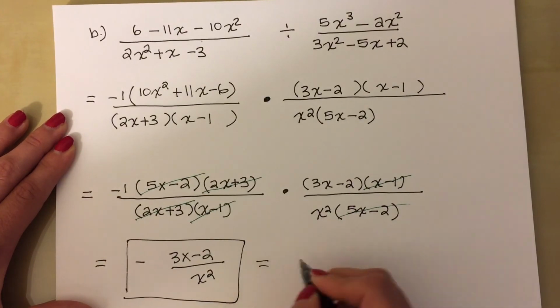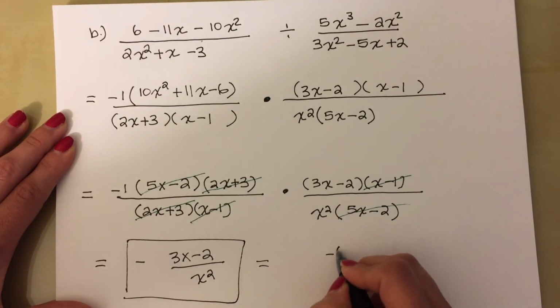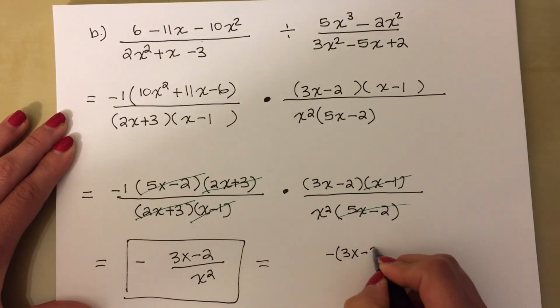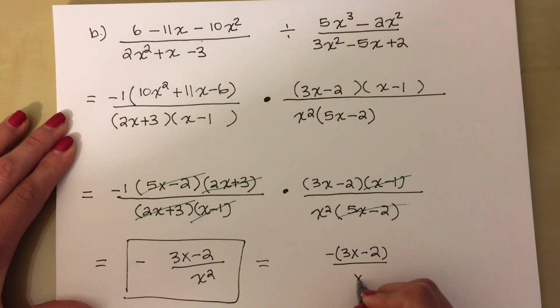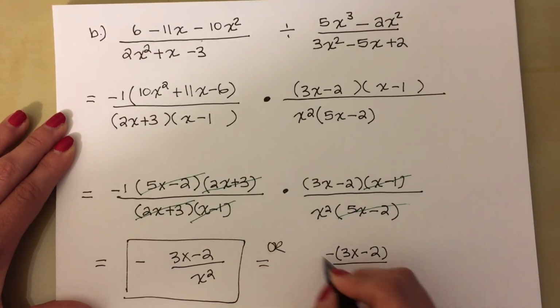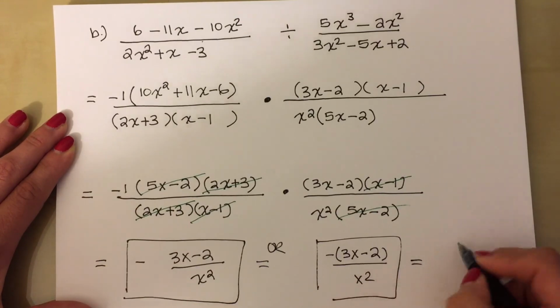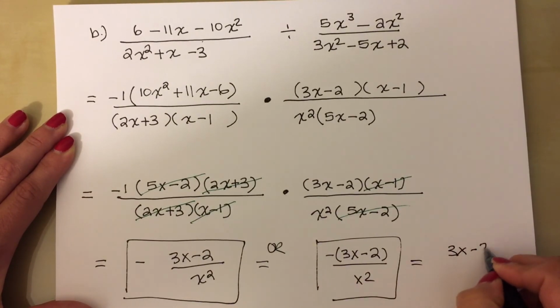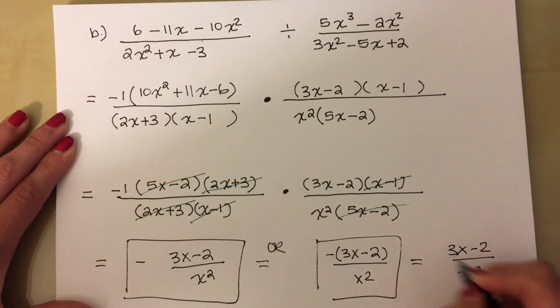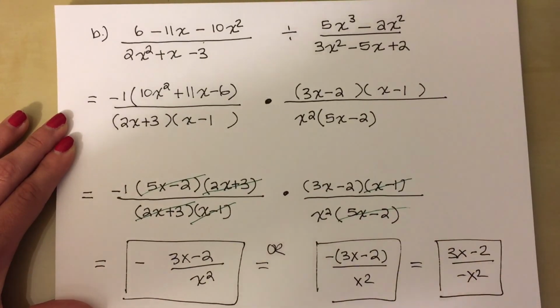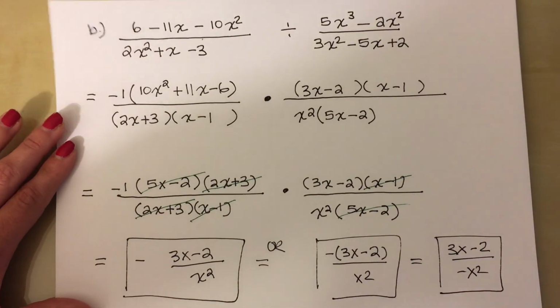Remember that if you want to write the negative in the numerator, you have to use parentheses because we have a binomial. So if you want, we could do that as well. And the third possibility looks like this. These are all equivalent. You just need one for your answer.